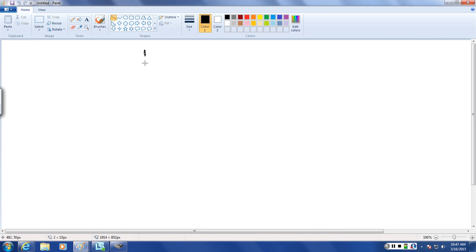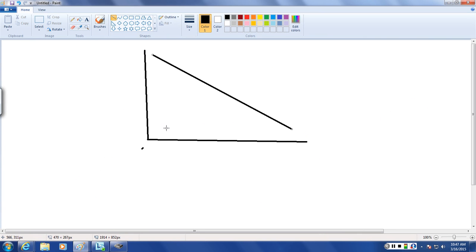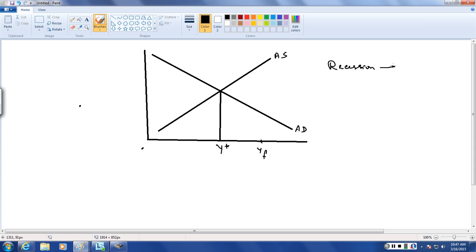So let me quickly draw this diagram here. Right? And we have this as our Y star, and this here is YF. We have a recession, and a recession tends to lead to high unemployment.